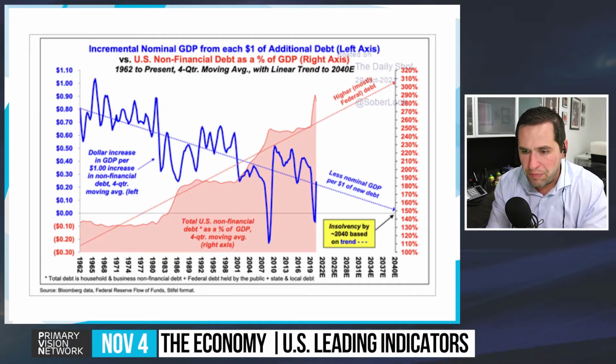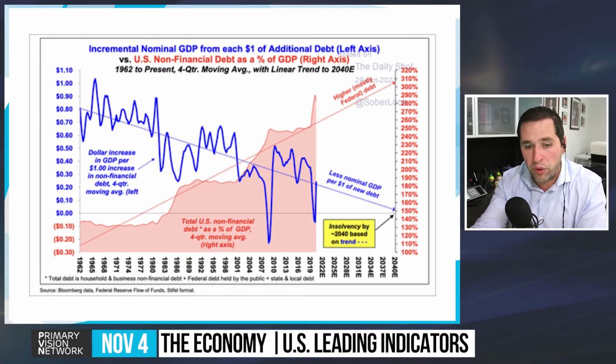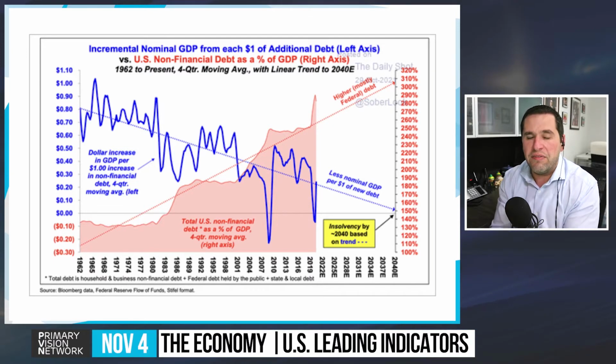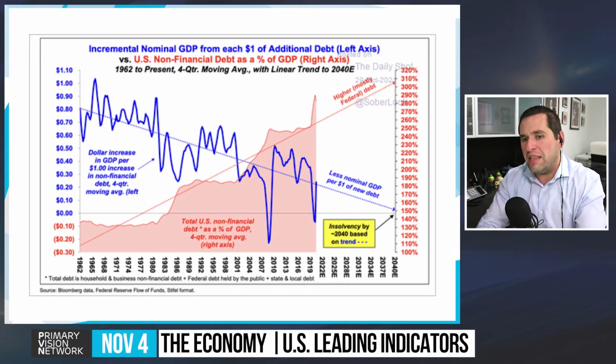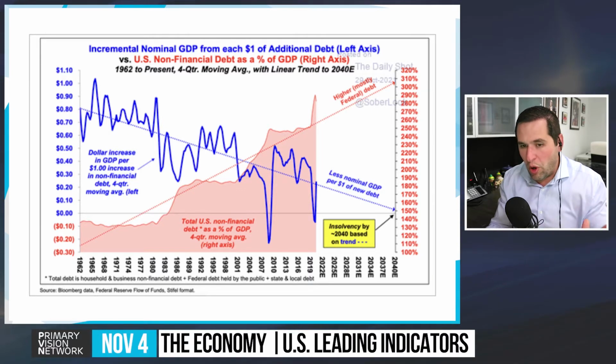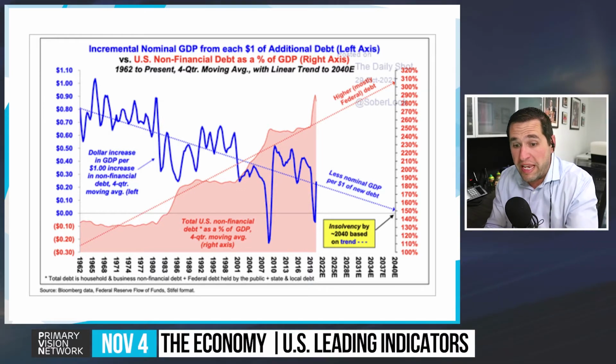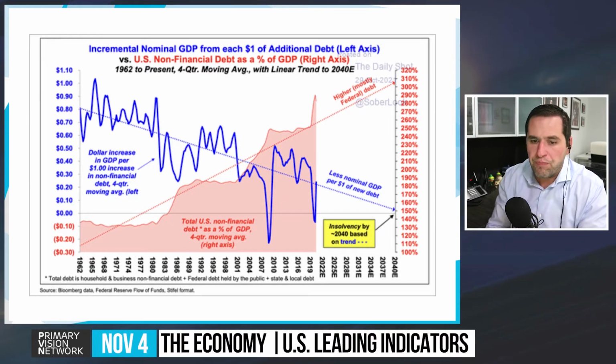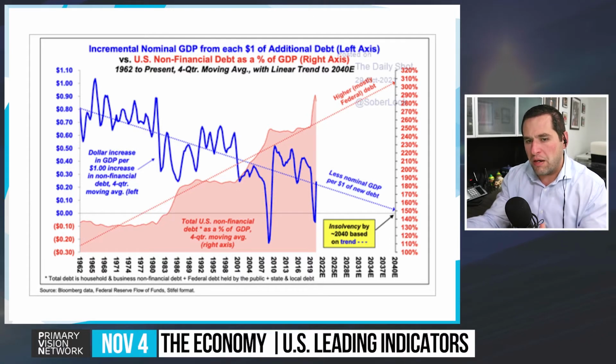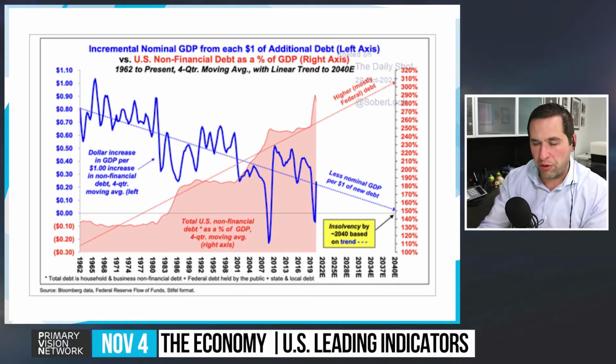This chart is saying that by 2040, we'll have negative contribution. Who knows how fast that'll happen, because we've seen it go negative in '07 through '08, it went negative again. So there's some of that backdrop. It's just that the bounce off the bottom is getting softer and softer because we keep over-leveraging ourselves.